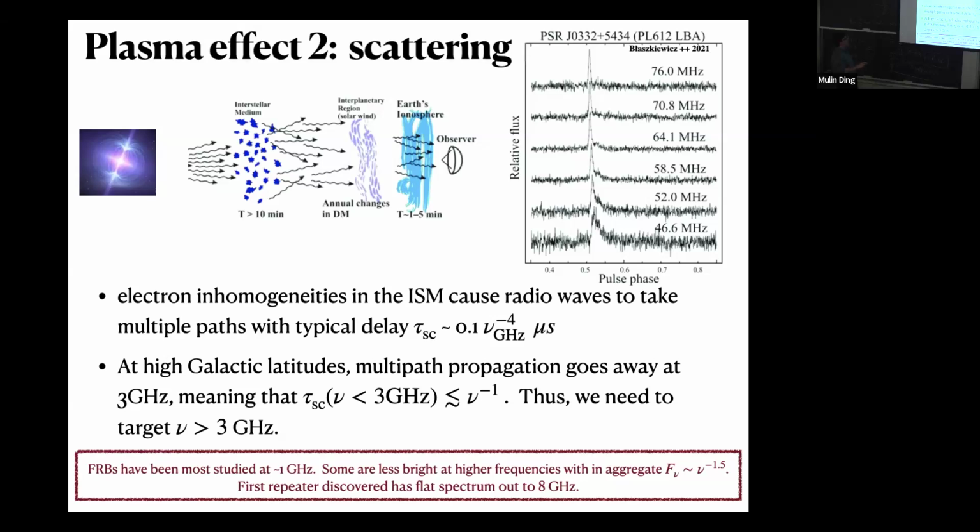The electric field will have more delay in it versus a more direct path. And so the voltage time series is smeared out by this scattering, and so you no longer can time the arrival time of your FRBs as well. It's taken your light and smeared it out in a way that you're no longer able to time it as well.